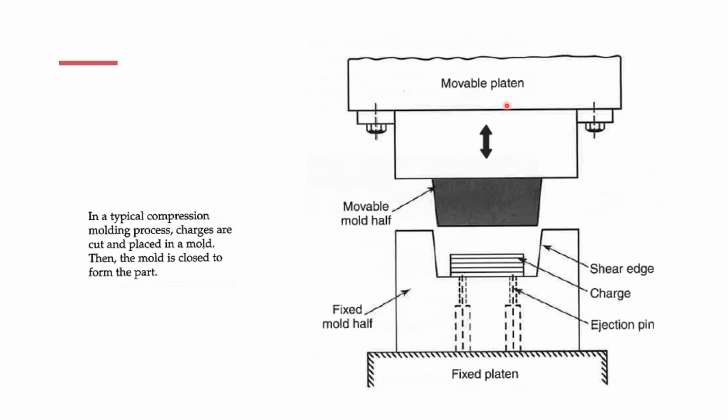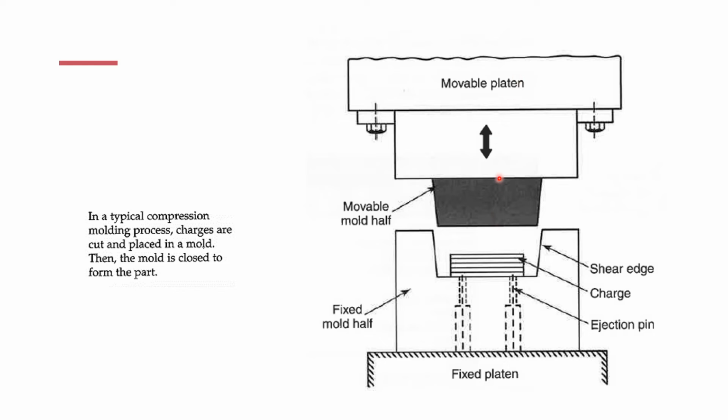This is your diagram from your textbook. You can see right here the typical compression molding process, where charges are cut and then placed in the mold right there. Here is your first half of the mold, and this is your second half of the mold, because you're going to compress in that direction. Then the mold is closed.